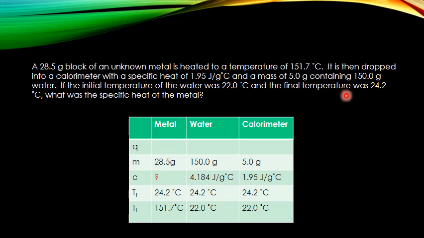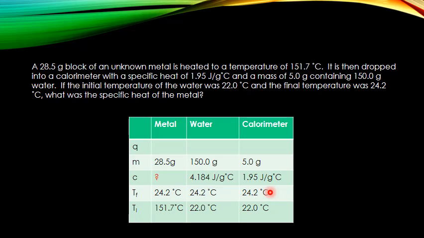And the final temperature was 24.2. That's my final temperature of water. It's also going to be my final temperature of the calorimeter, and it will also be the final temperature of the metal, because when that metal is dropped in the calorimeter, whatever the final temperature of the water is, that's going to be the final temperature of the calorimeter and the metal. So T final is always going to be the same thing all the way across.